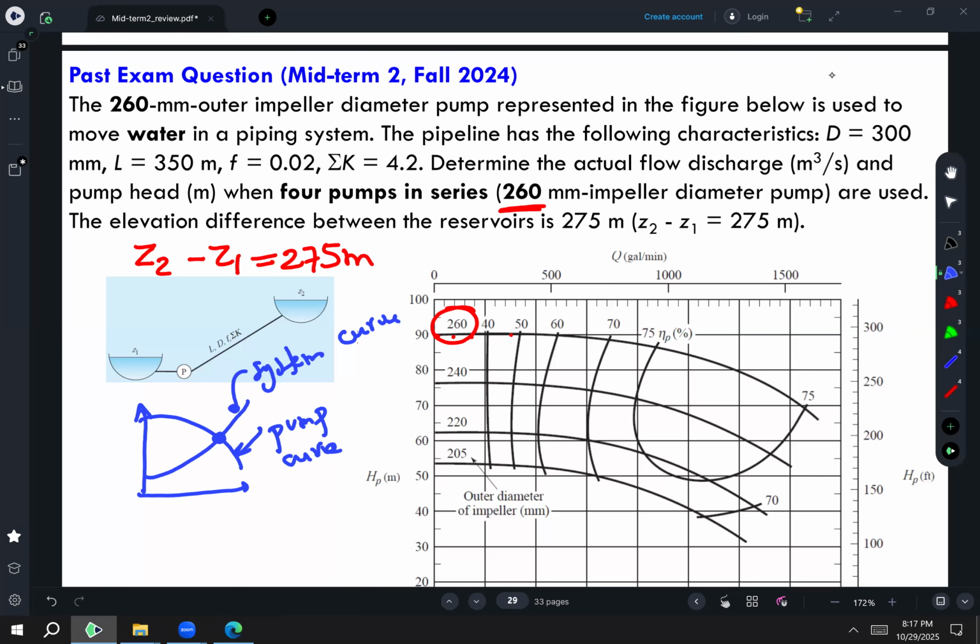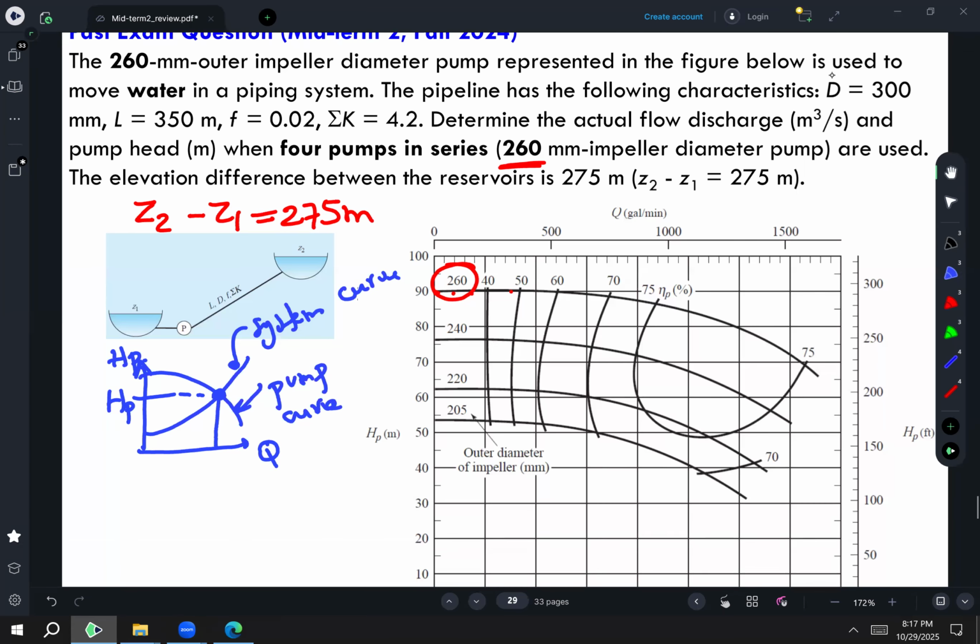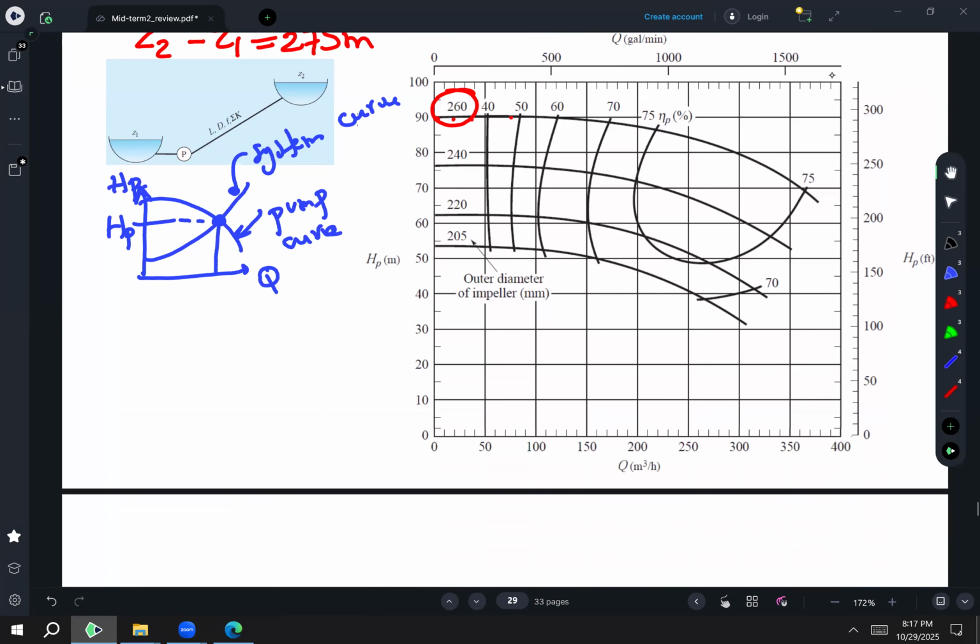And this intersection will give me the actual flow discharge and the actual head. Okay, so then I need to find the system curve and the pump curve. So let's start with the system curve or the hydraulics curve.